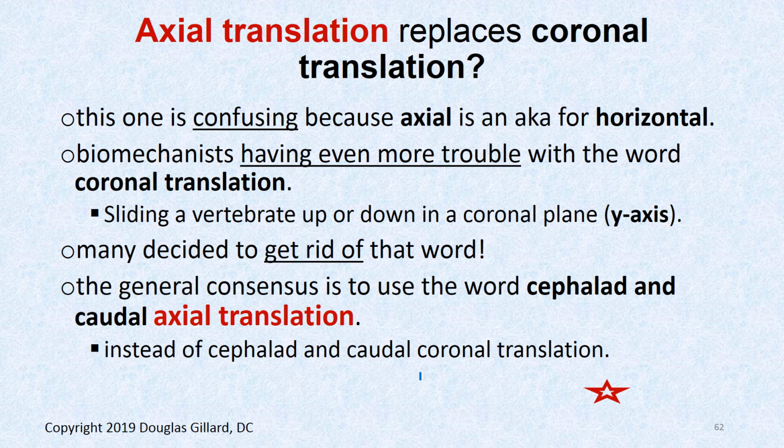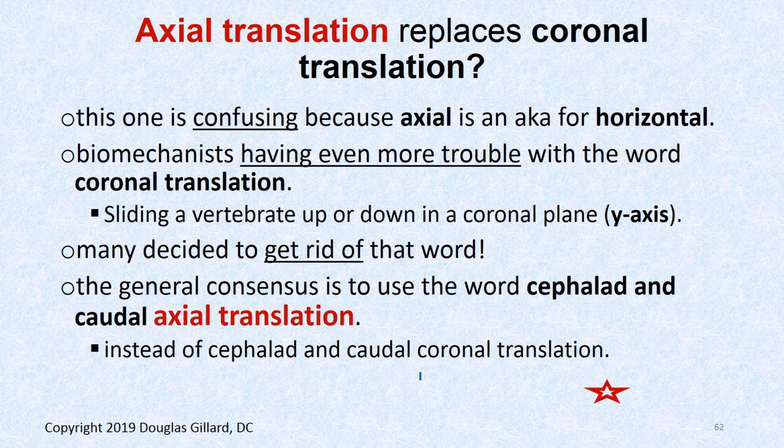But this is the one I don't like. So axial translation replaces coronal translation. This is the distraction force and the compression force. So this is confusing. Biomechanics had trouble with this word, coronal translation. They just have to remember looking at this movement from the front, and if they can memorize that, it'll be fine. But nevertheless, they didn't do this.